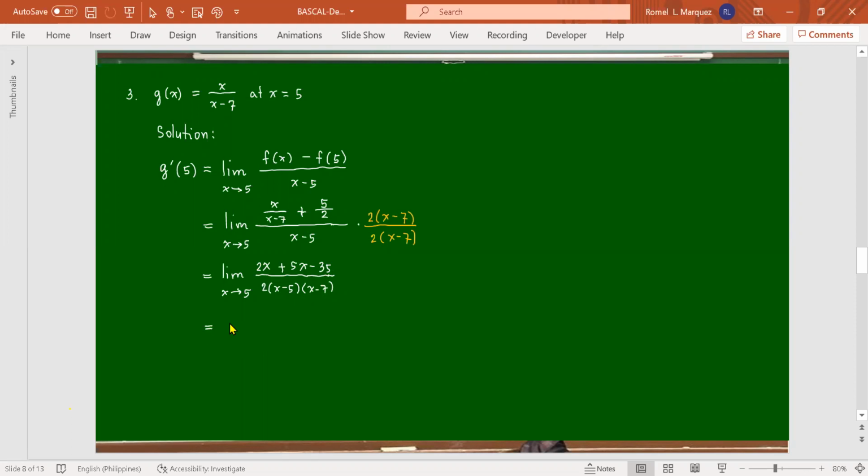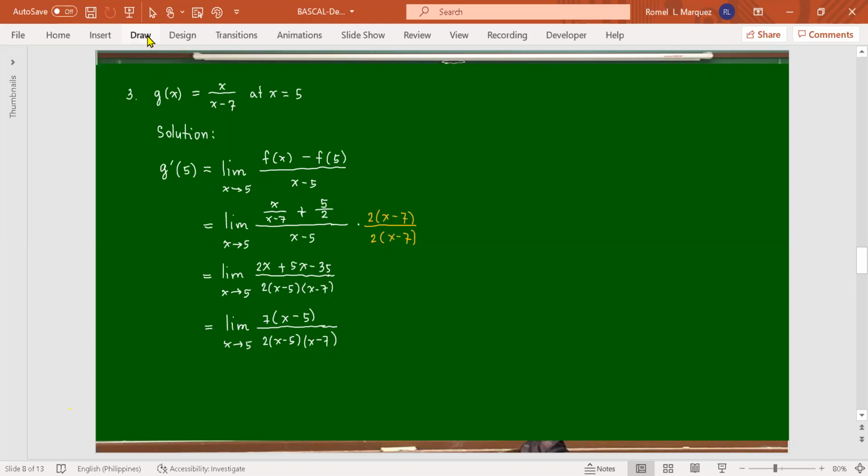Okay, simplify further. Oh, what is the numerator? 7. I can factor out that, getting what? X minus 5, na? 7x minus 35. So, all over 2x minus 5, x minus 7.